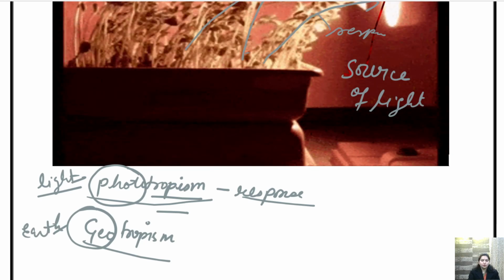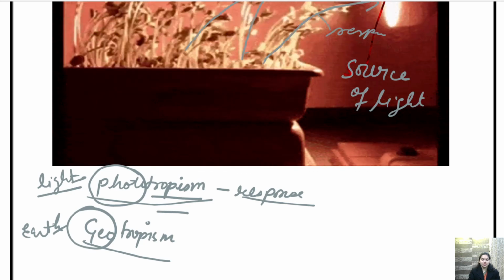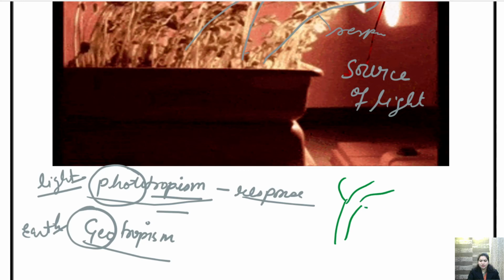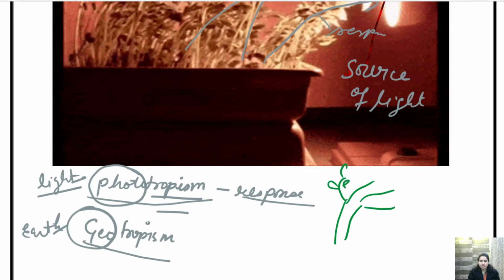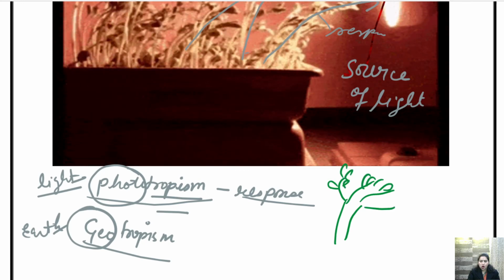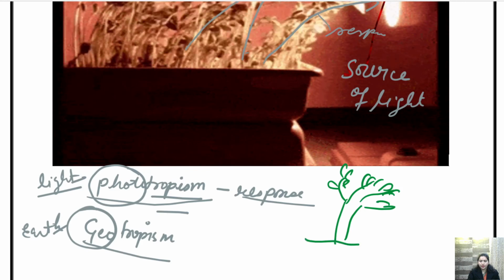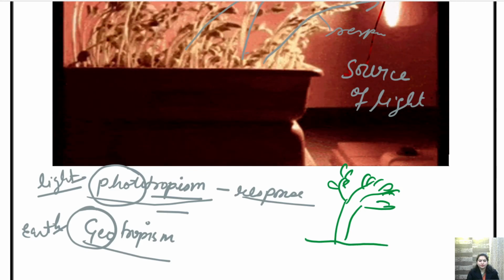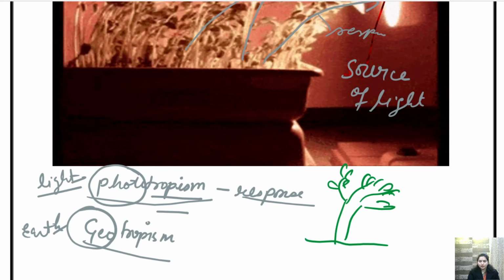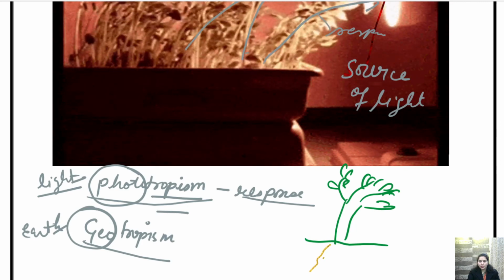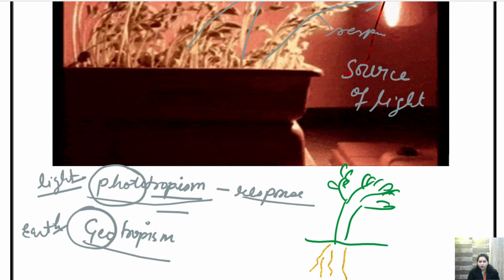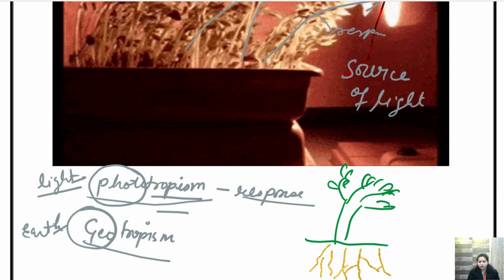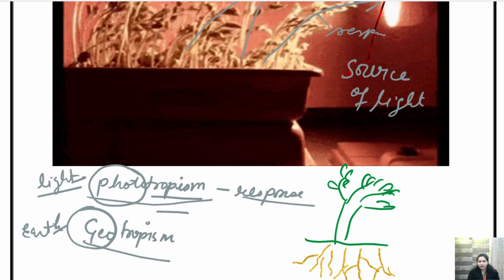So we have seen that if this is a plant, the root of the plant always grows towards the earth, isn't it?